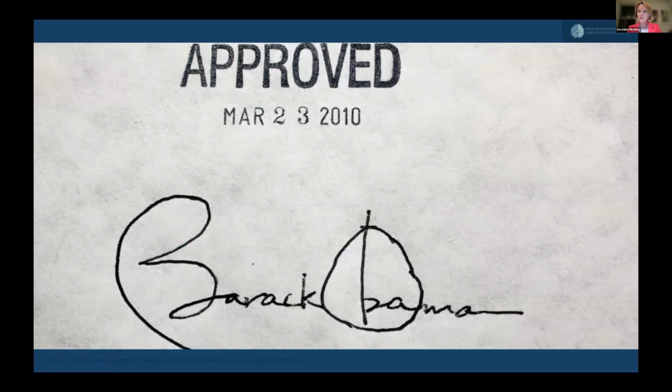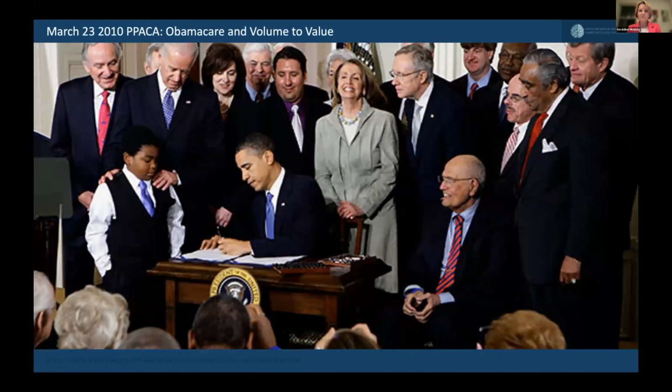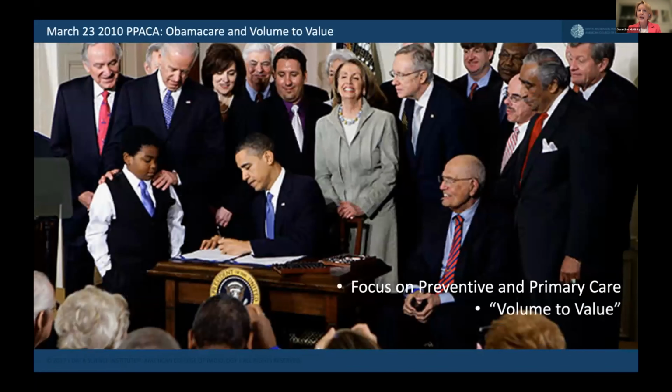So my story starts with a signature. In 2010, then President Barack Obama signed into law the Patient Protection and Affordable Care Act, also known as Obamacare. And with this piece of legislation, our $4 trillion healthcare industry aimed to refocus on preventive and primary care and on a transition from volume-based payments to value-based payments.